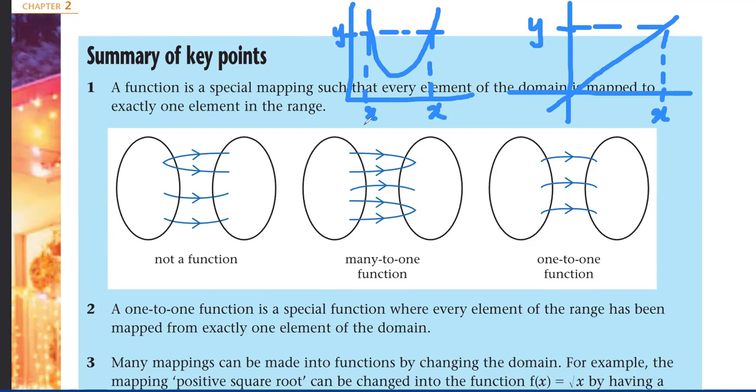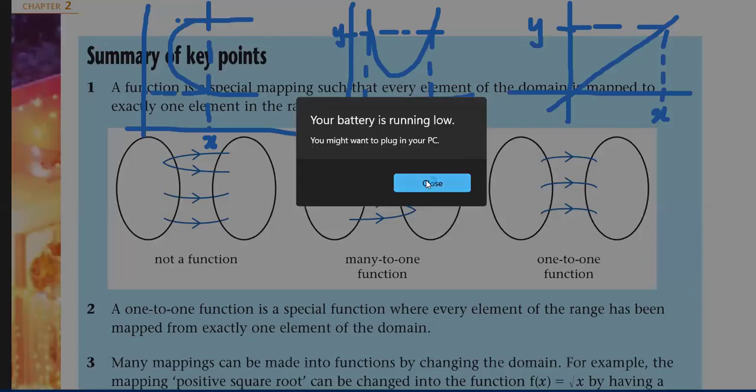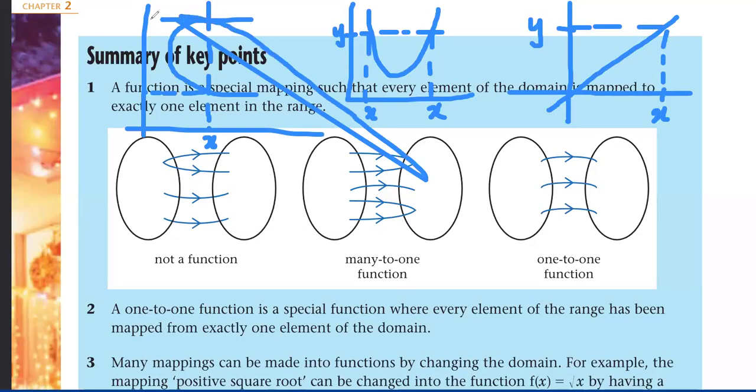The other function is one-to-many, like this. For a given x value, it has two different y values.